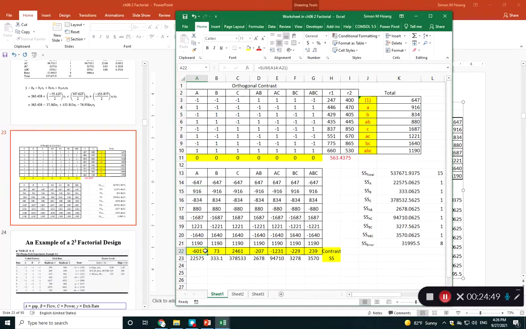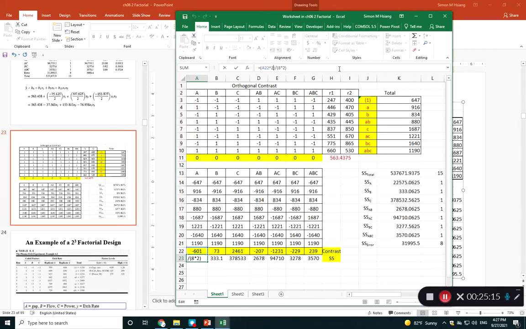Okay? So far, so good? See that? Same thing for B, for C, for A, B, C. So the contrast way to build this is that way. And then, of course, you need to square it, and then divide it by 8, the number of replicates.